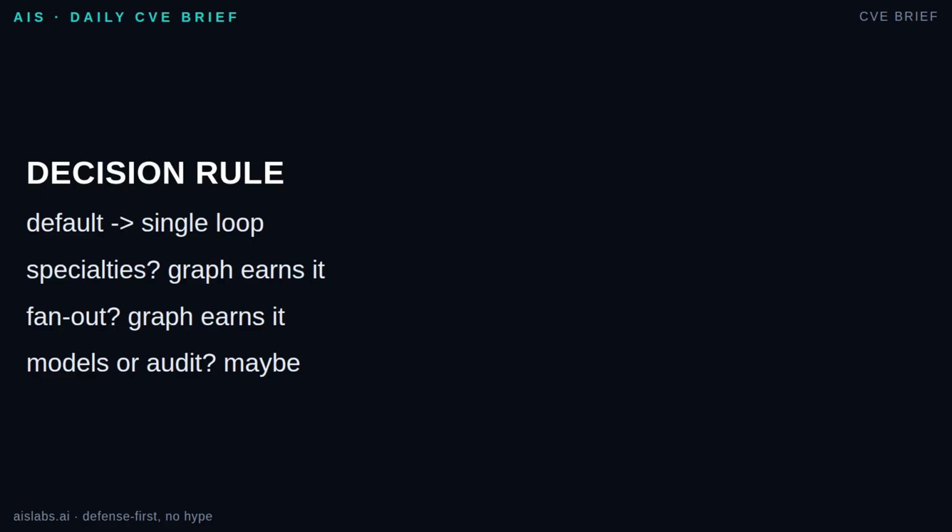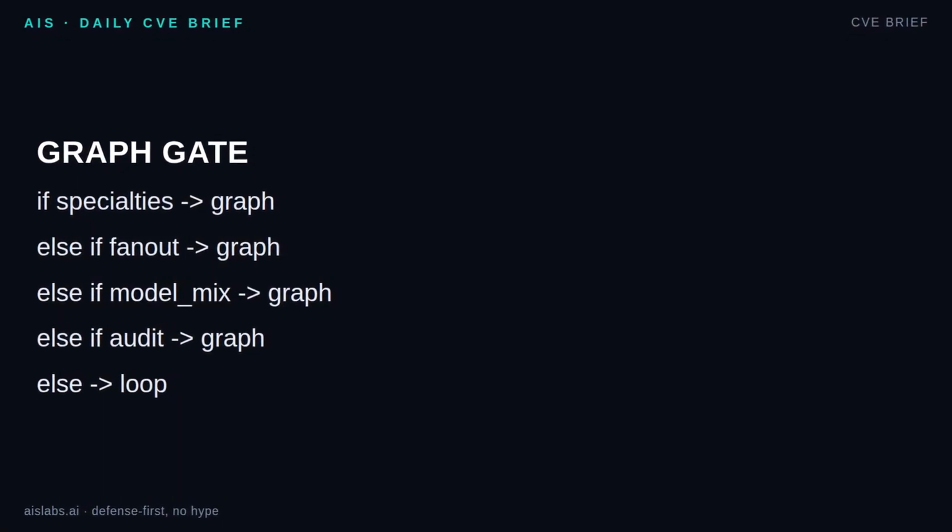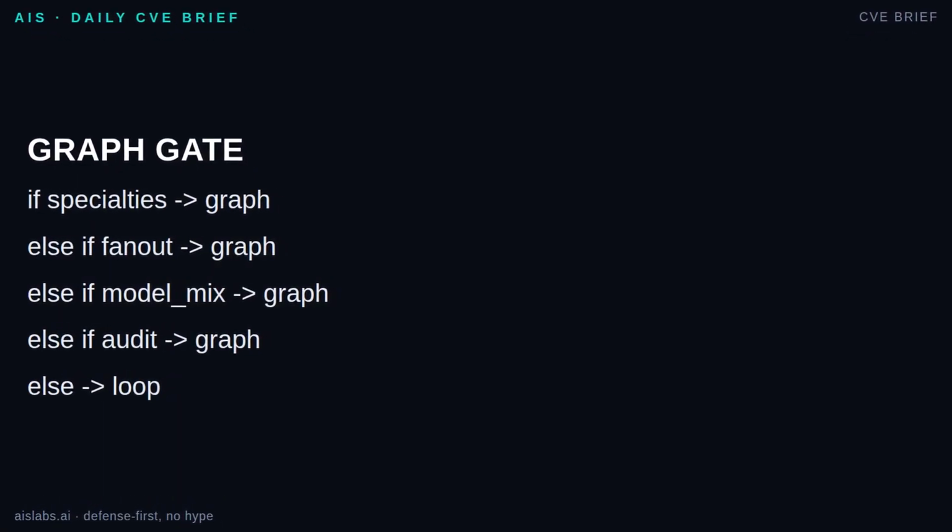If none of those are true, do not use a graph. Mechanically, I run this as a gate before design starts. Write the workflow as a plain loop first: input, working state, next action, verifier, stop condition. Then test each graph reason. Specialties means the node would have its own contract, not just a renamed prompt.